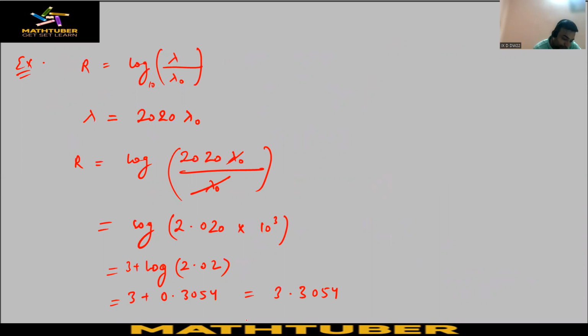And this will be your answer. But we want to find it till 2 decimal digits only. So it will be 3.30 only. Right? So this is how we have to do these questions. So the value of the Richter scale of the earthquake will be 3.30. So this is how we have to solve these questions.